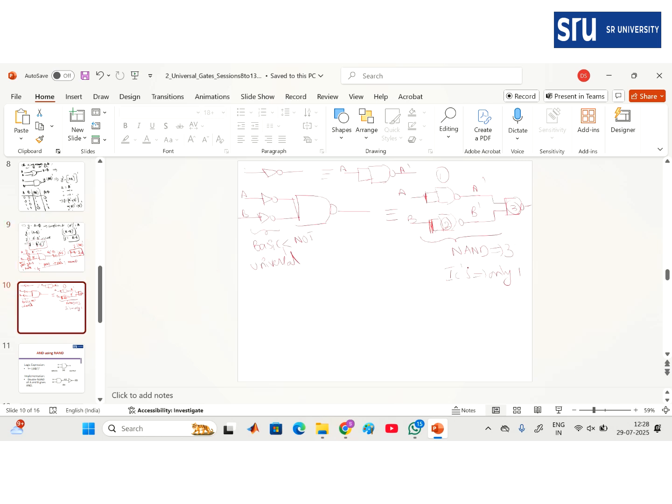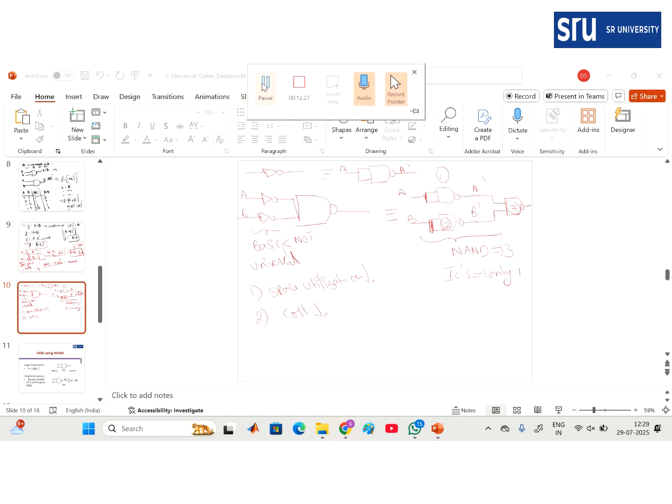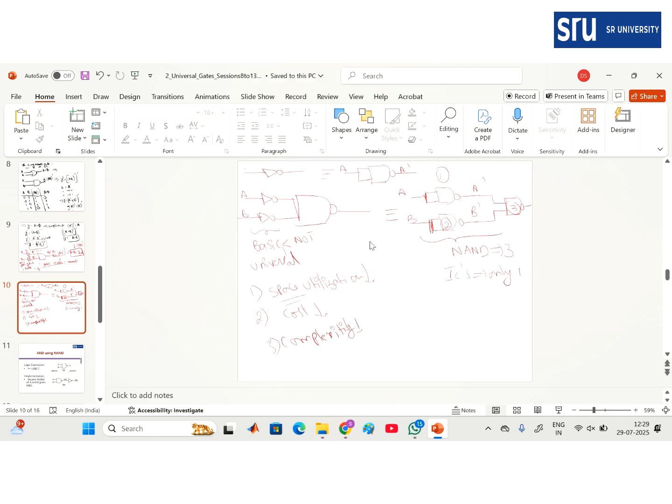So space utilization is reduced, that is complexity is also reduced, as well as cost is also reduced, right? This is the advantage of using the universal gate for designing with basic gates.